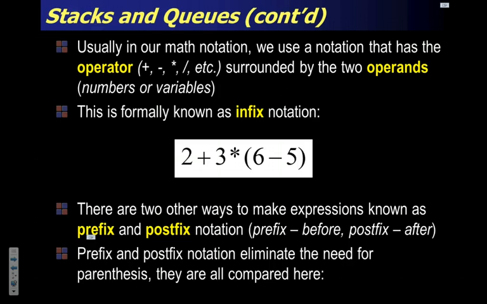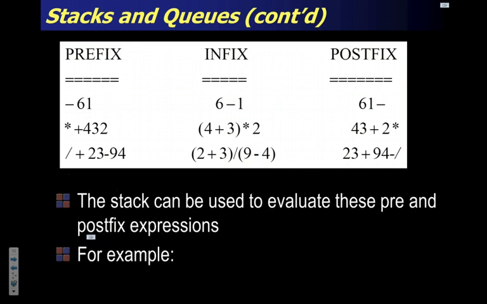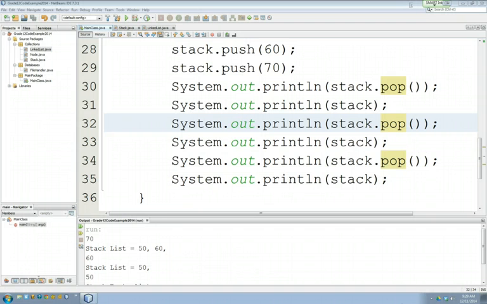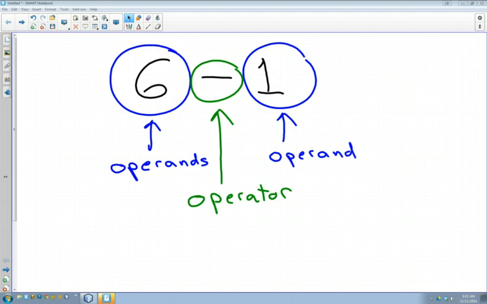So we'll start with a simple one. 6 minus 1. Okay? Let me launch some notes here as well. I want to make a copy of this. So to be clear, an operator performs an operation on two operands.